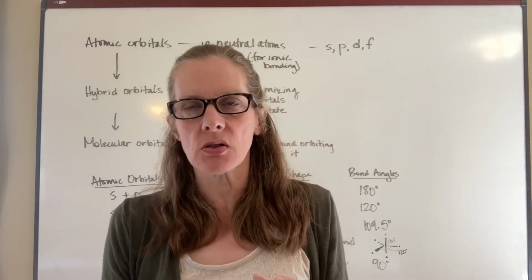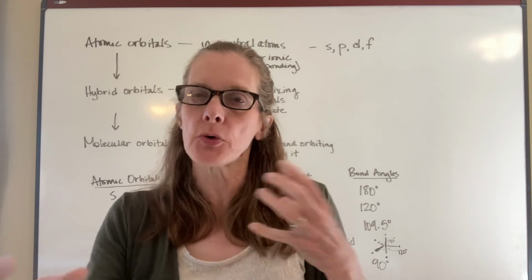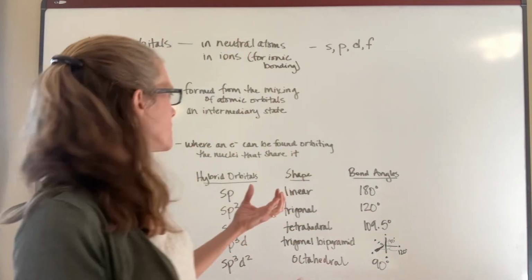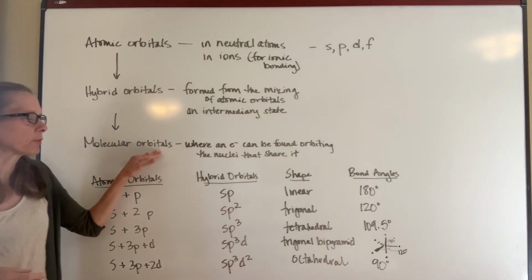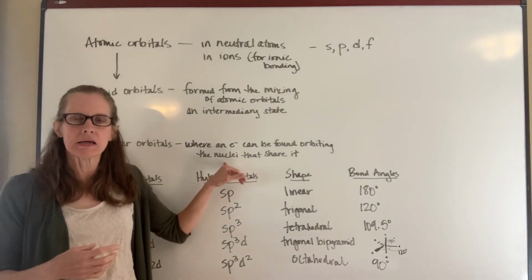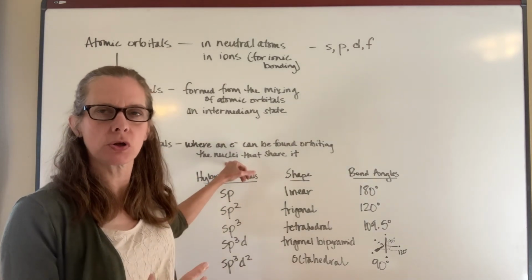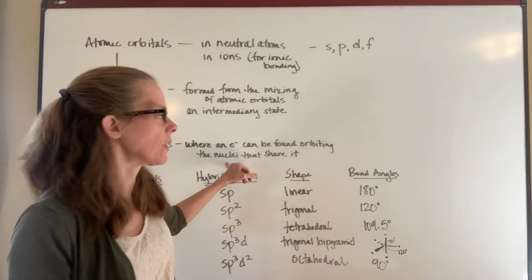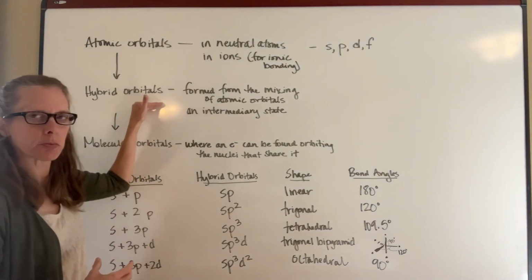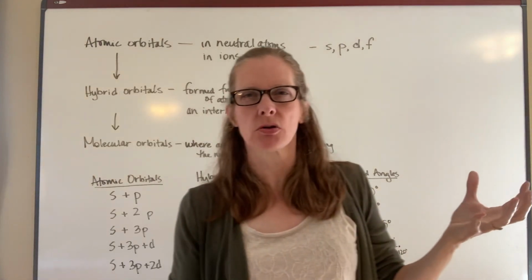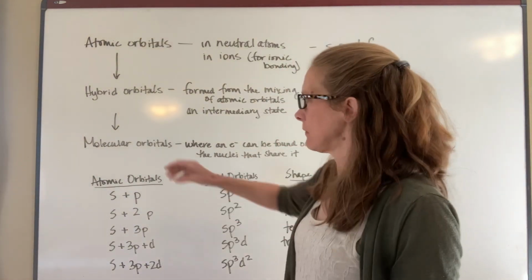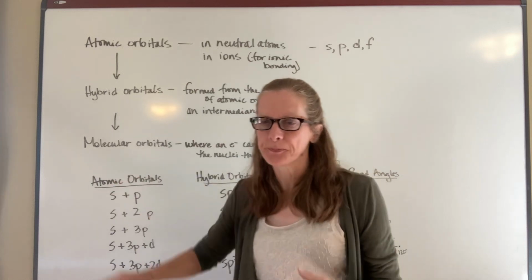In order to share the electrons, they have to be able to orbit both nuclei of the atoms that are sharing those electrons. So a molecular orbital is where you can find an electron orbiting around both nuclei that are sharing that electron. So the hybrid orbitals that we're going to spend a lot of time talking about are an intermediary state, but they exist so that they can form these molecular orbitals.